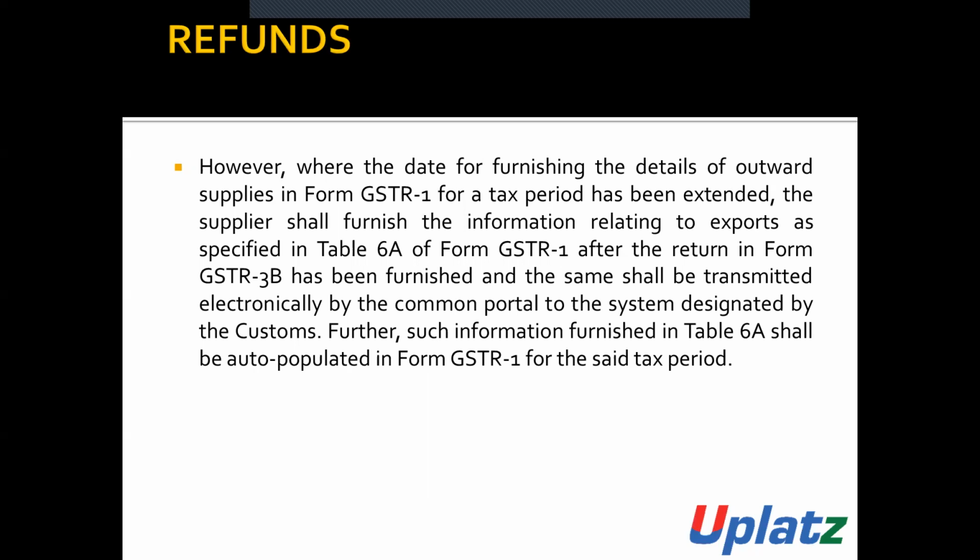In GSTR 3B, when the GSTR 3B is filed, then such transaction will be auto generated in GSTR 1 for the said period. Means the information about such export will be auto generated in the return GSTR1, because such data or such detail about the export is already submitted by the taxable person in his return GSTR 3B.